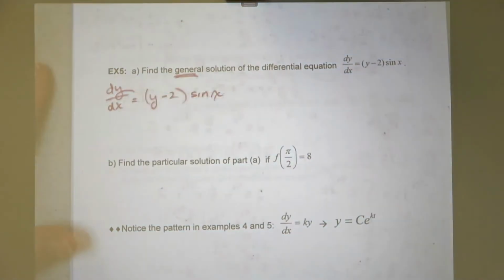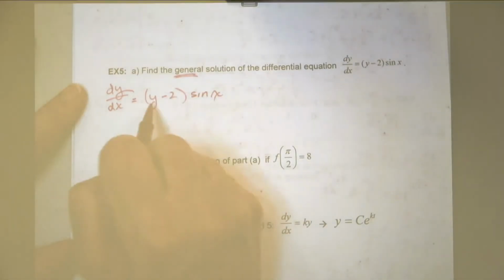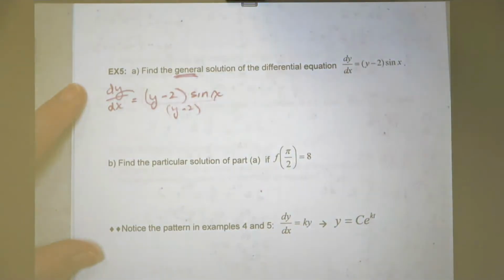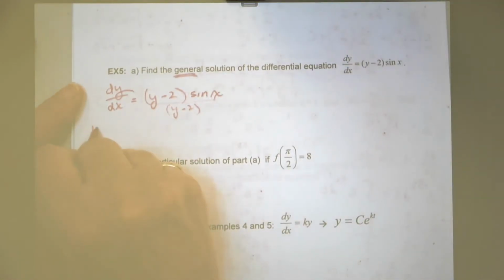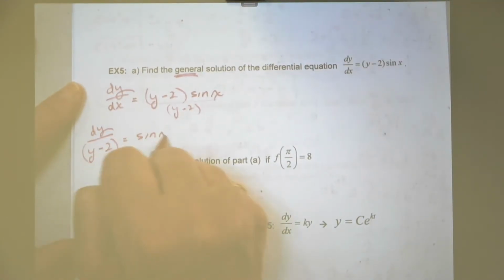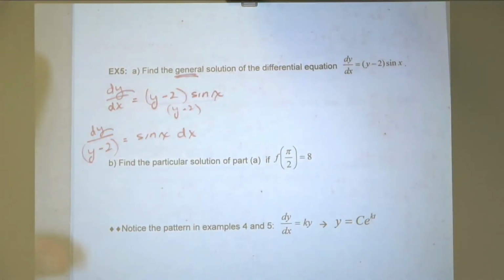So when I separate now, the y minus 2 is what we're going to divide both sides by. So I've got dy over y minus 2 is sine x dx. You can't separate the y minus 2. That's a big concept right here. Okay.